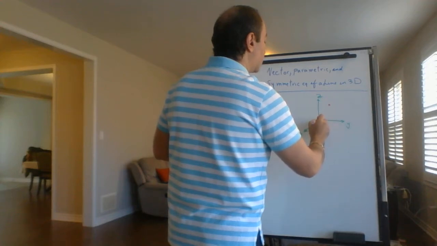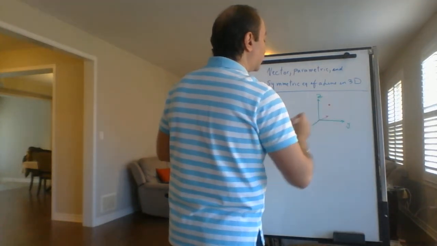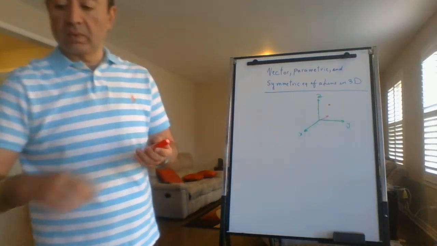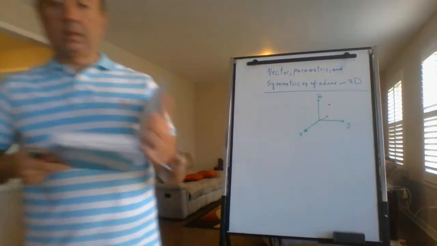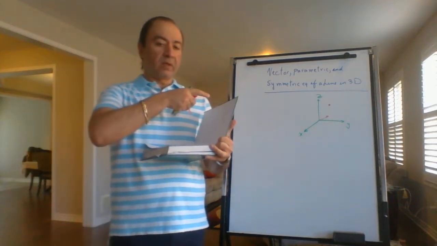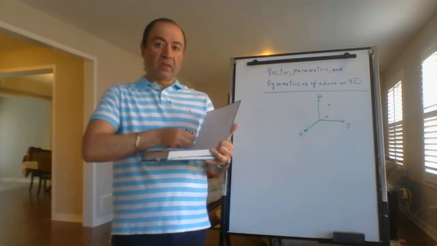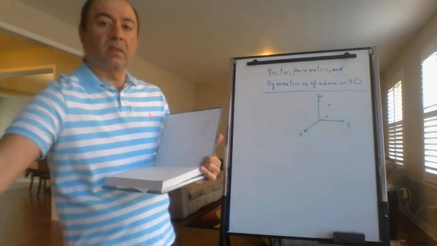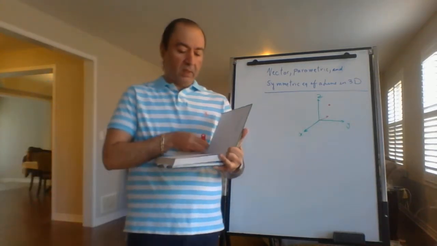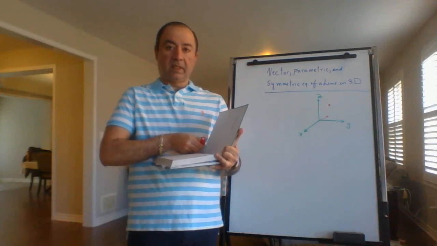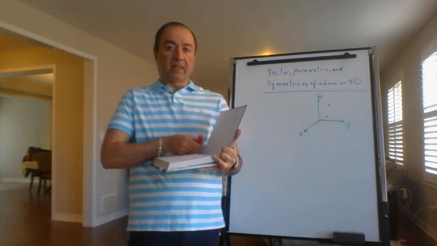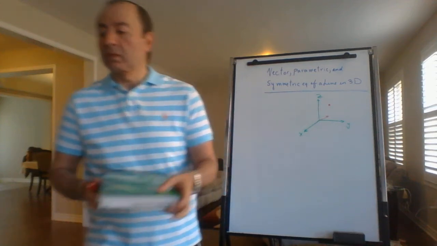So let's say we have a point somewhere here and we have a direction vector that's coming out like this. This is not in here, it is in the air like that. So this is the direction vector.